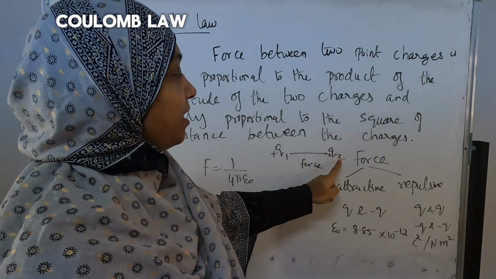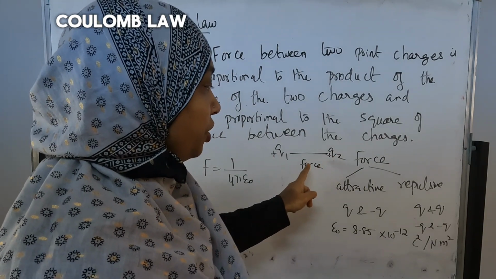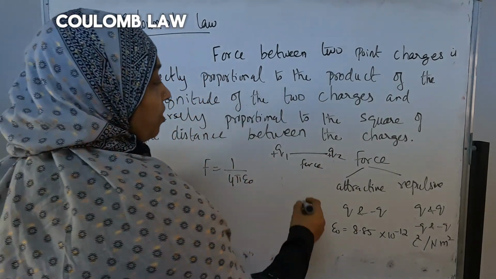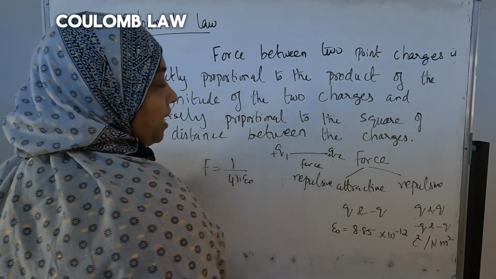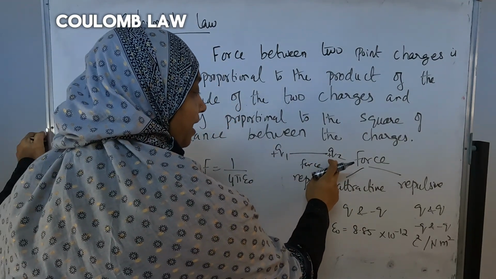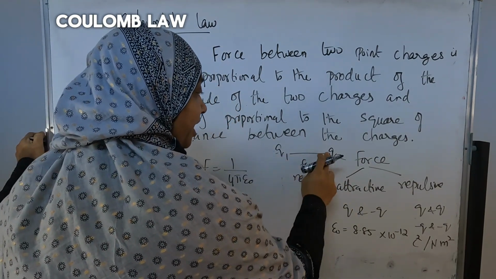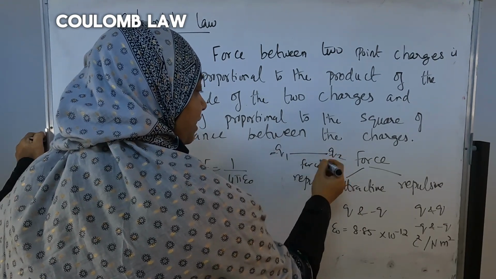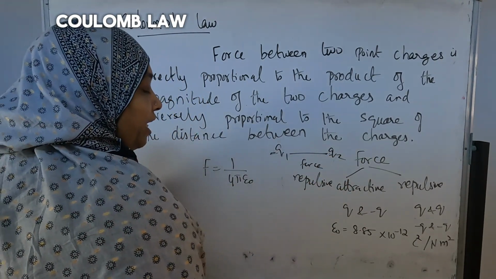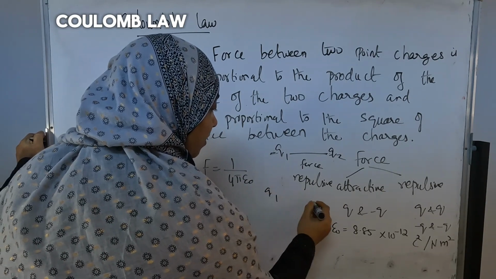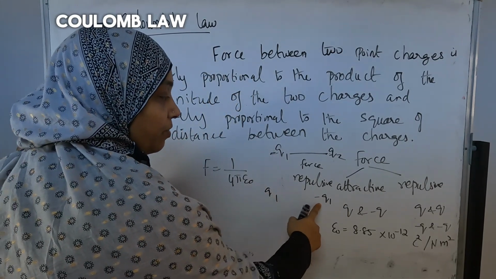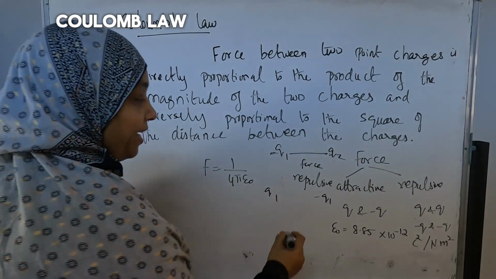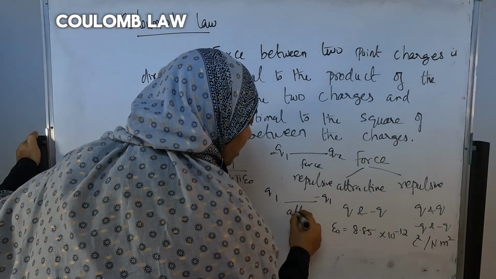If both of the charges have the same sign, that means both positive, then the force will be repulsive. If the two charges have the same sign, suppose both negative, that time also repulsive. If the two charges have different signs, one positive and another negative, that time it will be attractive.